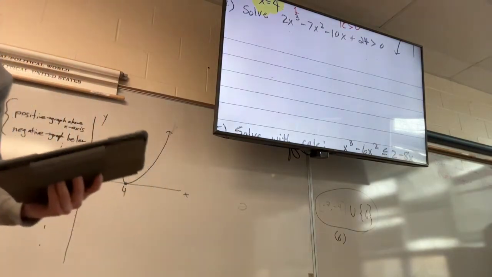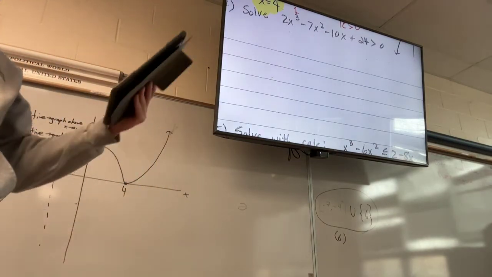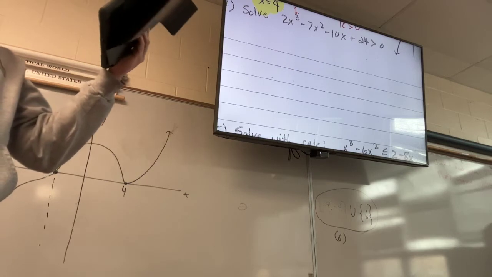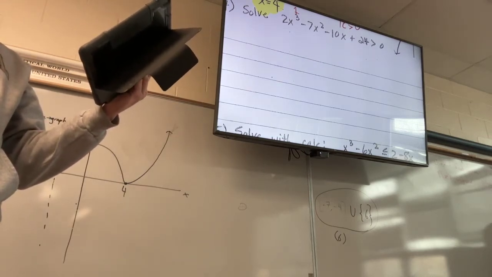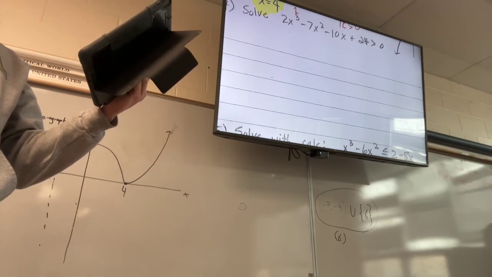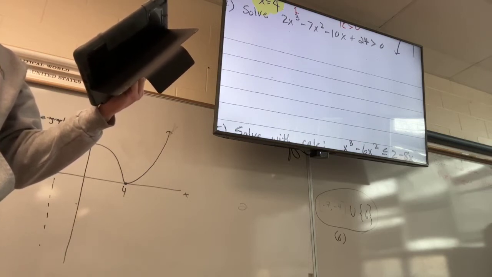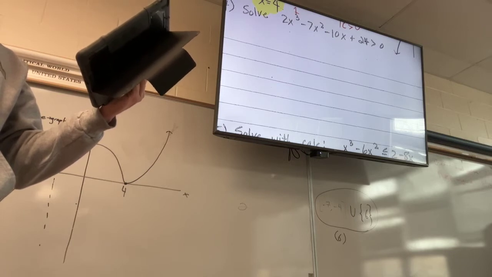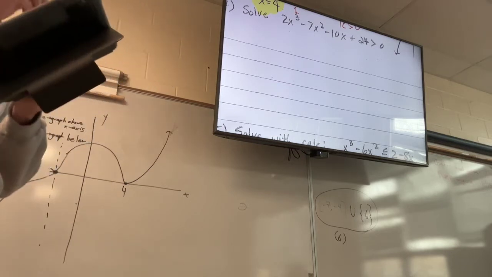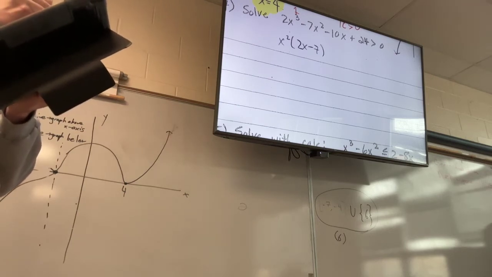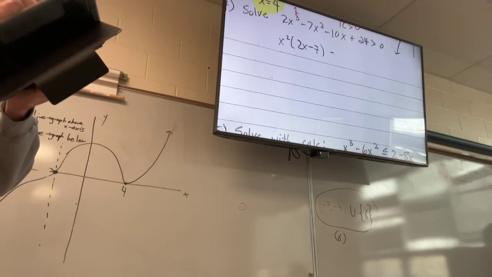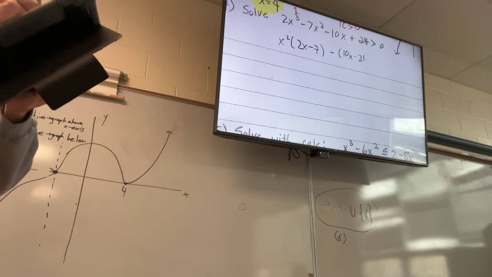Solve this polynomial. I got to find the zeros, right? What can I do with this one? Can we group it? What does it group into? What can I pull out of that?